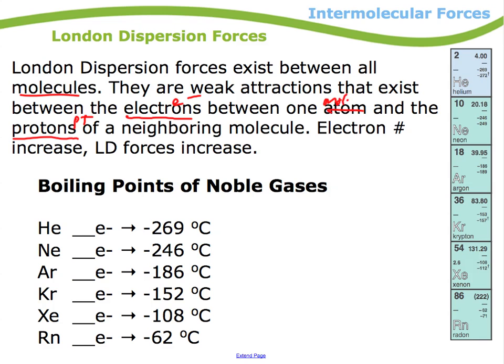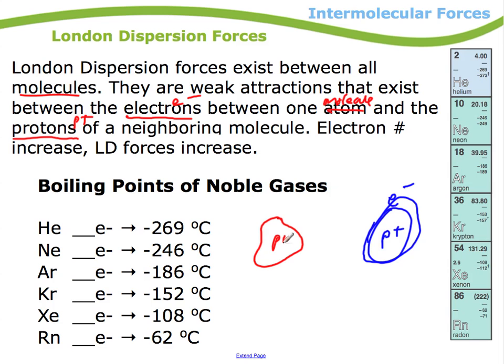Molecule. So here I have one molecule, and I won't draw the whole thing. And here's another molecule over here. So in this molecule, of course, I would have protons in the middle, and I'd have electrons somewhere around the outside. In the other molecule, again, protons in the middle, electrons somewhere on the outside.